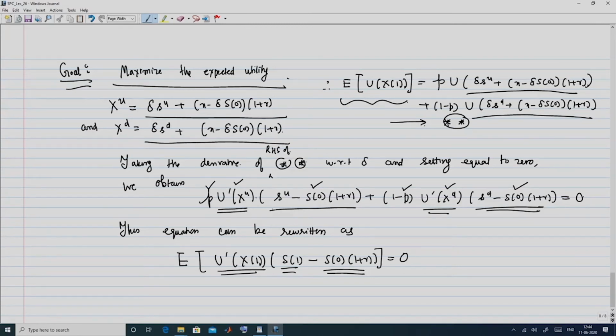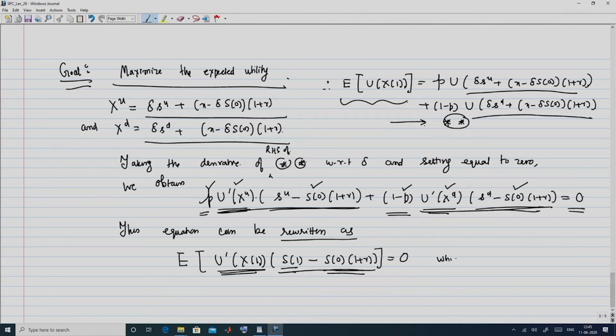So, if I consider this entire thing as a random variable, with respective probabilities p and 1 minus p, this can be written in the compact form as the expected value of u prime of x1 into S1 minus S0 into 1 plus r, and this is going to be equal to 0.